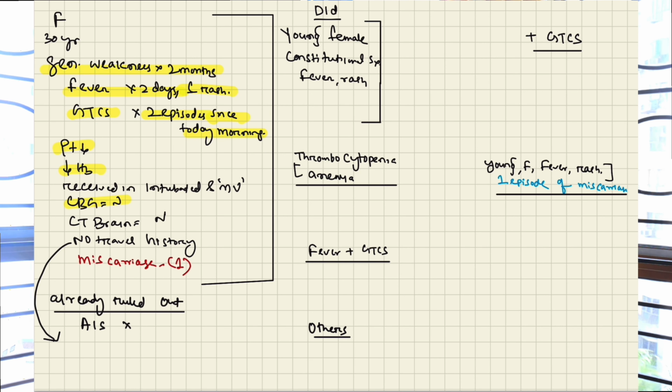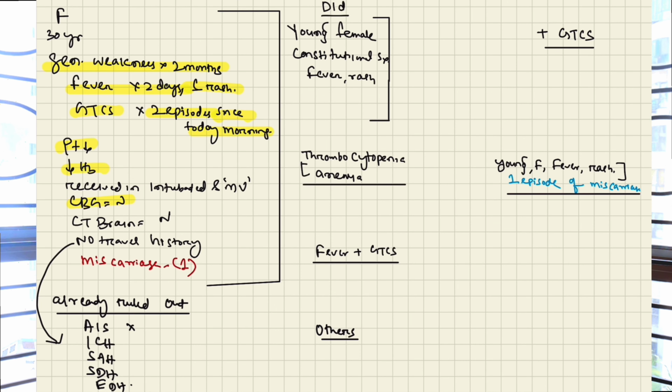But with absolute certainty, you can rule out ICH, SAH, SDH, EDH. However, what is important in this case is she had a history of miscarriage long back. So based on these things, let us check out the plan for this patient.